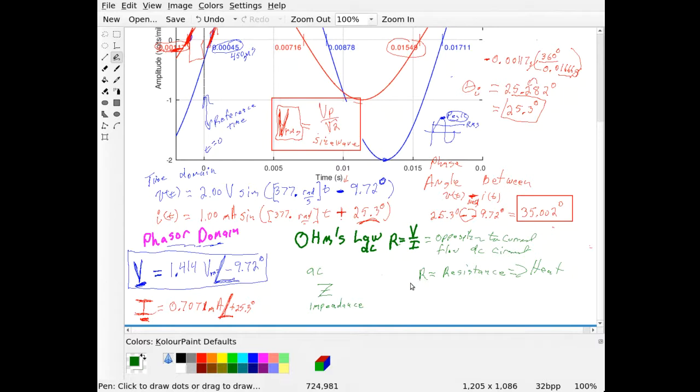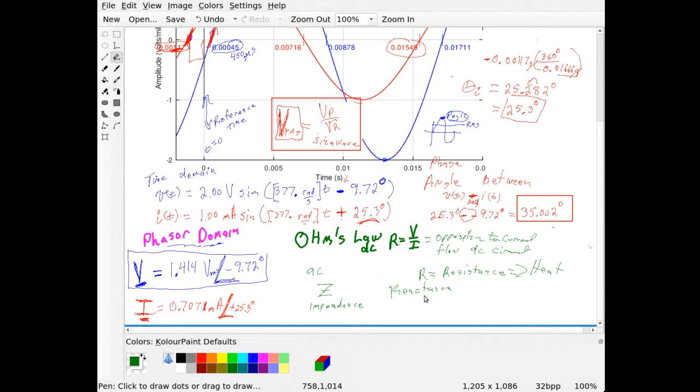So it converts it into heat. However, now we have capacitors and we have inductors. Capacitors and inductors react to the flow of current. So we have something called reactance. Reactance is the opposition to current flow due to capacitors or inductors.